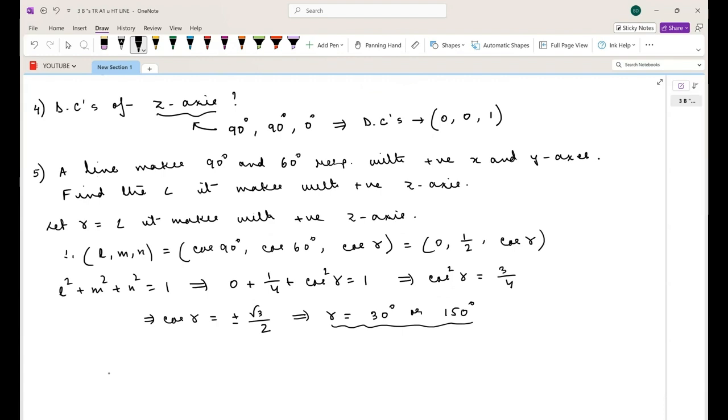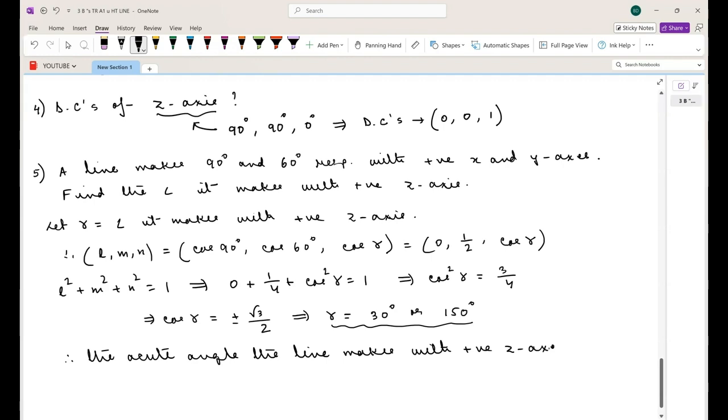Here we don't know whether it makes 30 degree or 150 with the positive direction of the z-axis. But conventionally we can write that the acute angle the line makes with the positive z-axis is 30 degree.